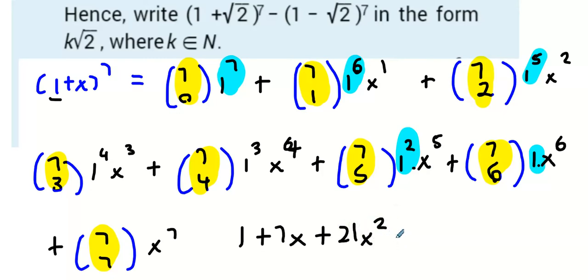Okay, and next one's 35, is it? 7C3, lads? Okay, and then it's the one after that. There's 8 terms, isn't there? So it's all the way back down again. 35, 21.